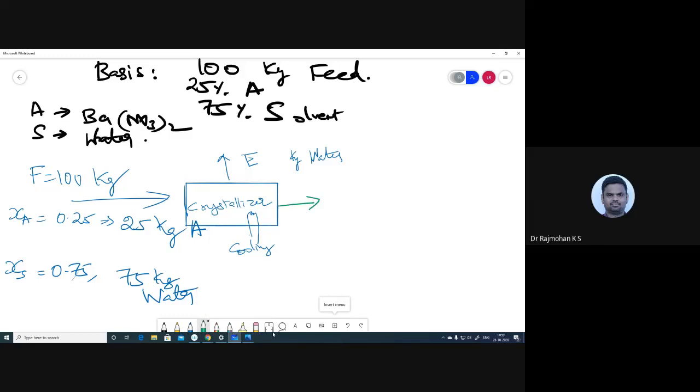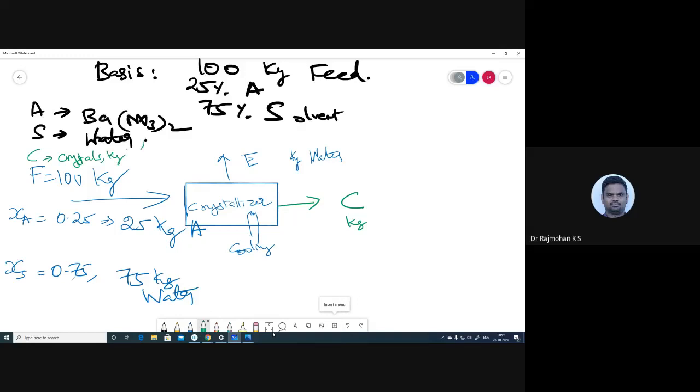We are going to get some crystal coming out of the system. Let C be the kg of crystals that is formed.